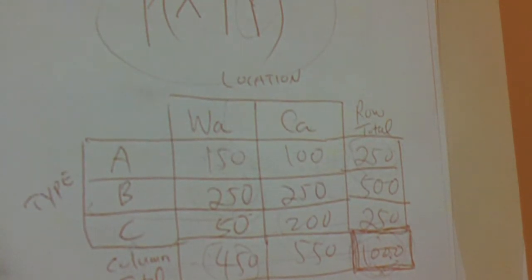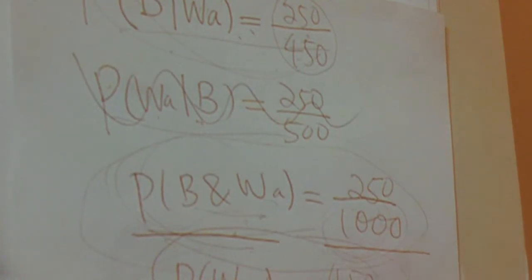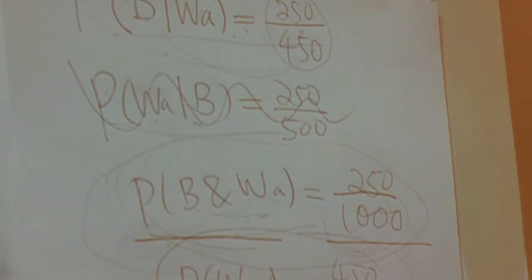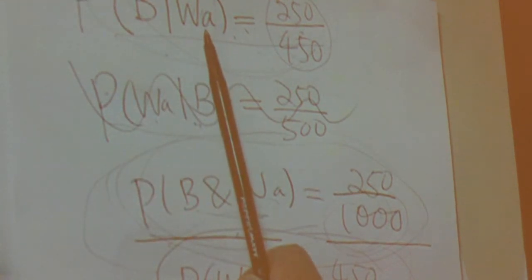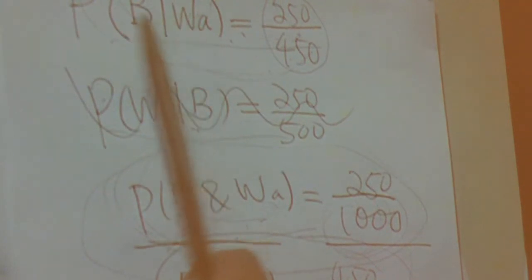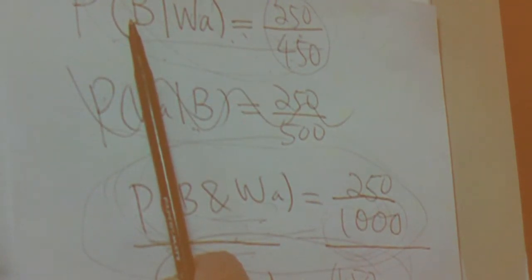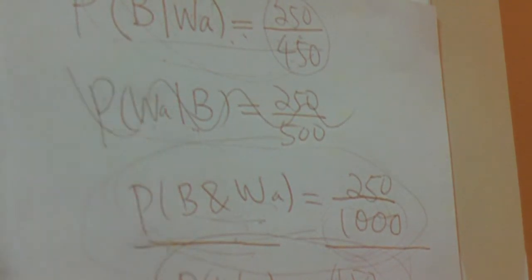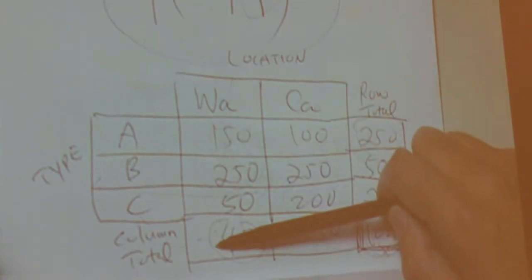The conditional probability we did, like this, is the conditional probability. Here we condition on the location, Washington State beer. Given that, what is the probability of type B beer? We use the table here because Washington State is this column, so only this column is relevant.